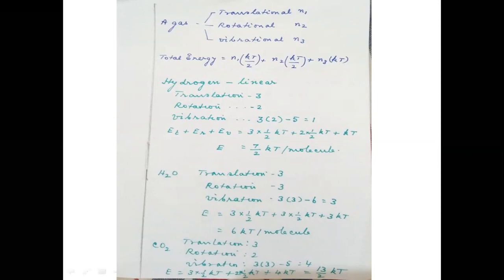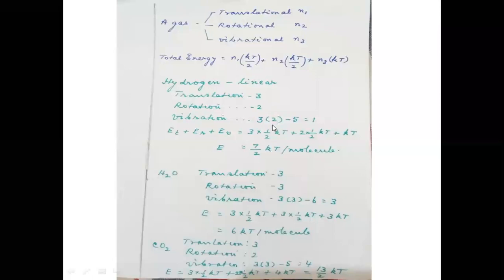Say for example, you take a hydrogen molecule, which is a linear molecule. It has three translational motions and two rotational motions, because the rotation about the molecular axis is neglected. Then for vibrational motion, according to the formula discussed previously, it is 3 into the number of atoms minus the translational and rotational degrees of freedom.